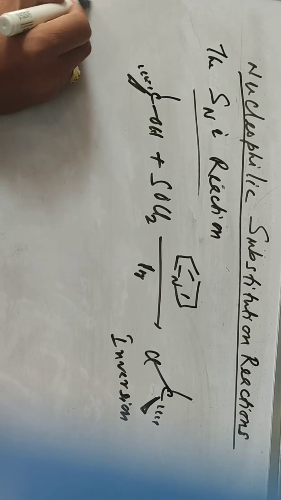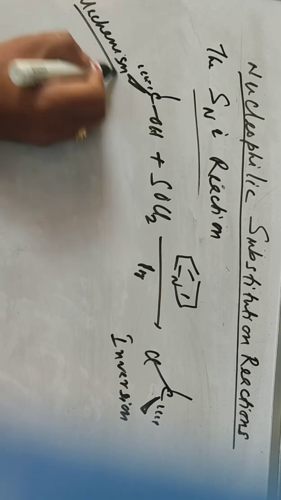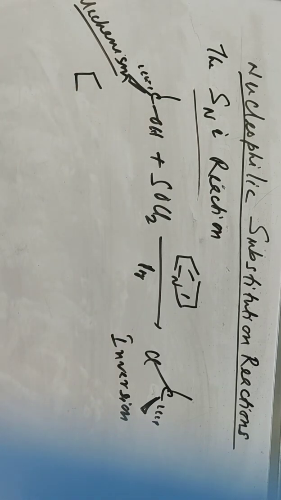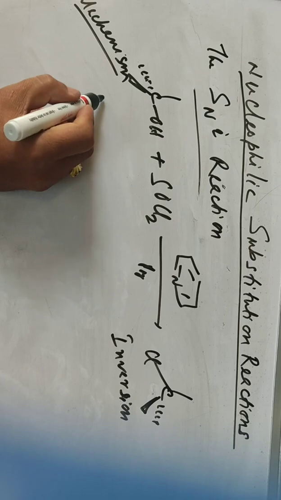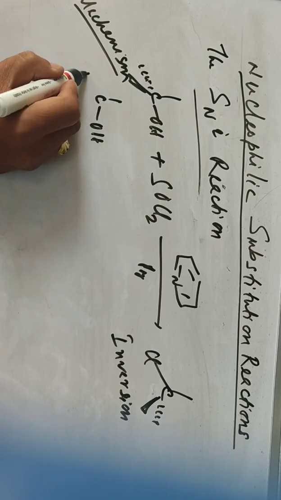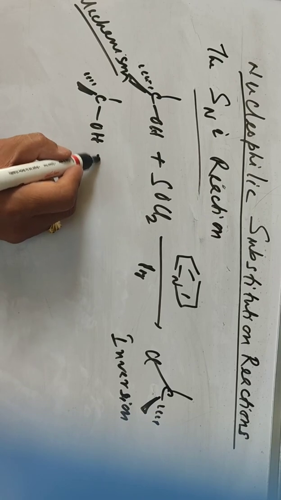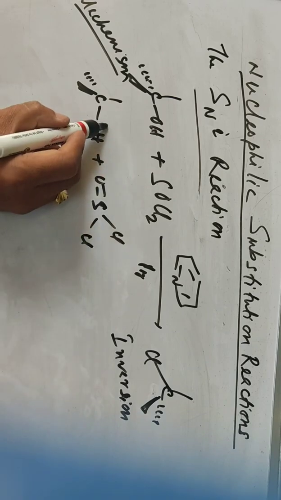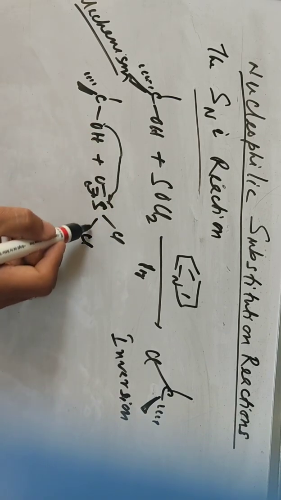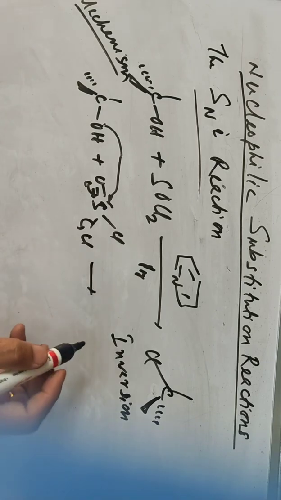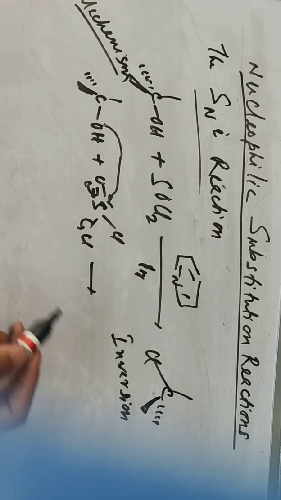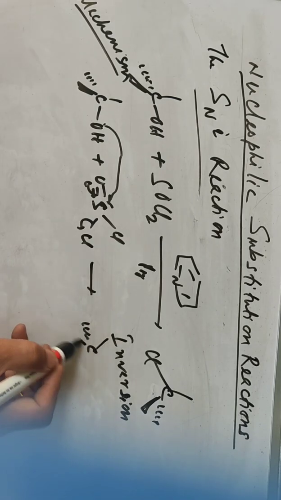First, this organic substrate, the alcohol, reacts with thionyl chloride. As in the earlier case, O, S, Cl, Cl, it comes back and loses this chloride, so we get an alkyl chlorosulfite.